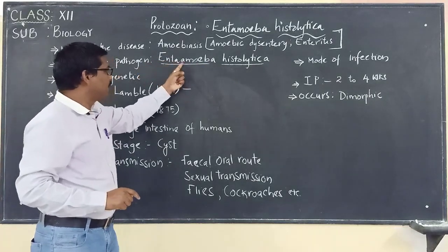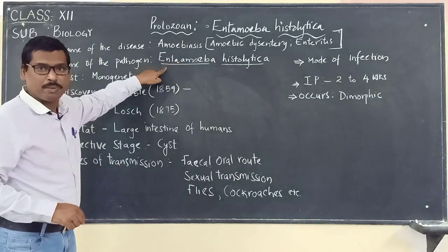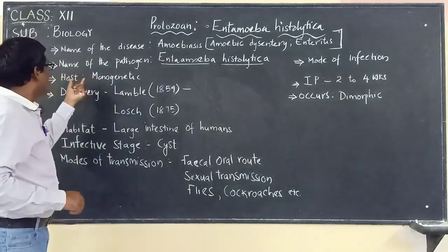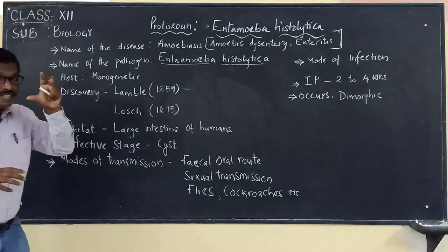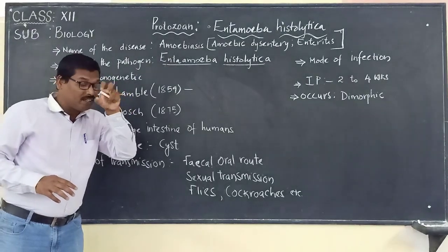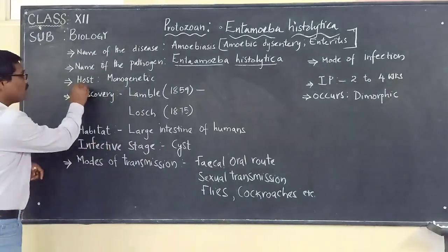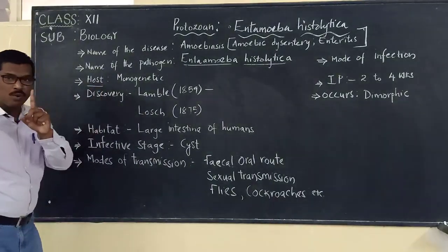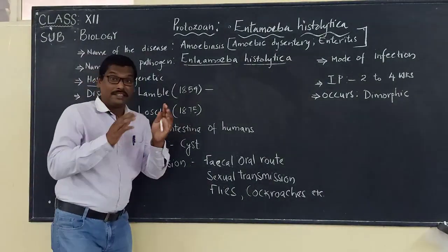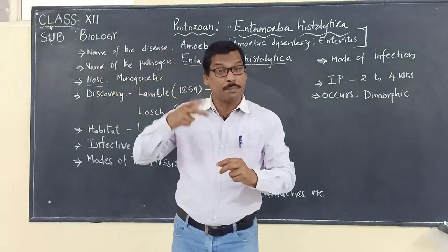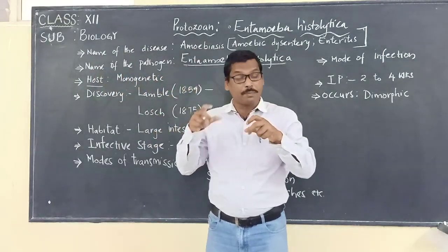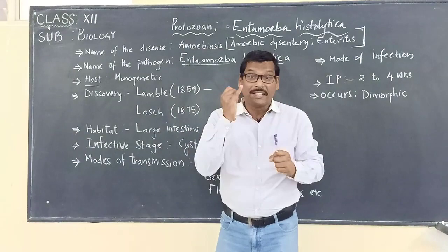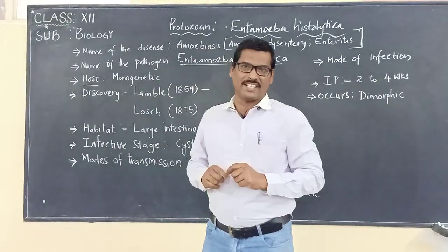This organism, Entamoeba histolytica, survives in one host only. In the previous videos of this chapter, we studied two terms, digenetic and monogenetic.